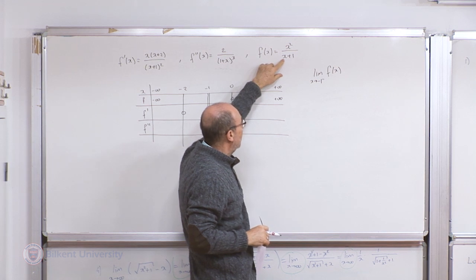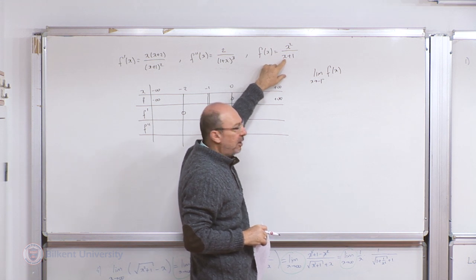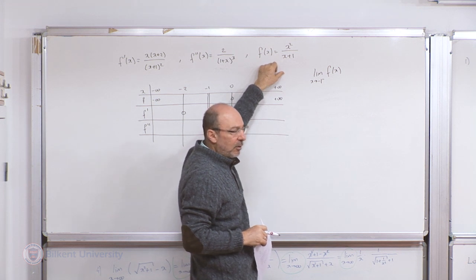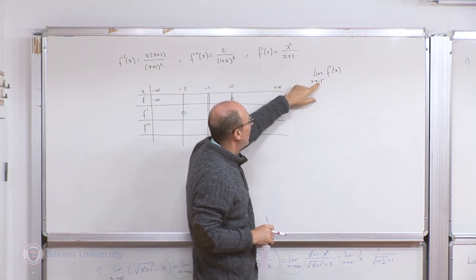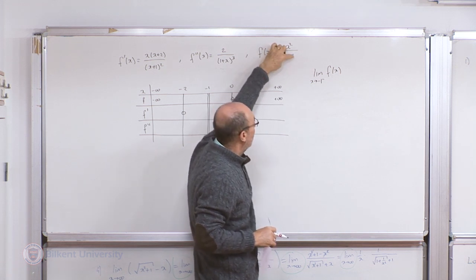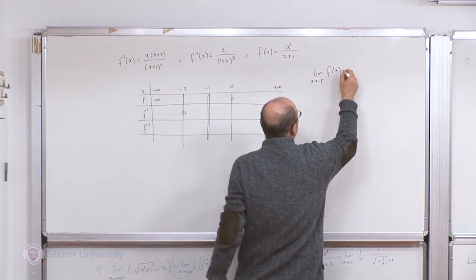If x is less than minus 1, meaning that the absolute value of x is larger than 1 but it is negative, then x plus 1 is going to be negative. So at every step before minus 1, you get a negative number, and when the denominator approaches 0, you go to minus infinity.